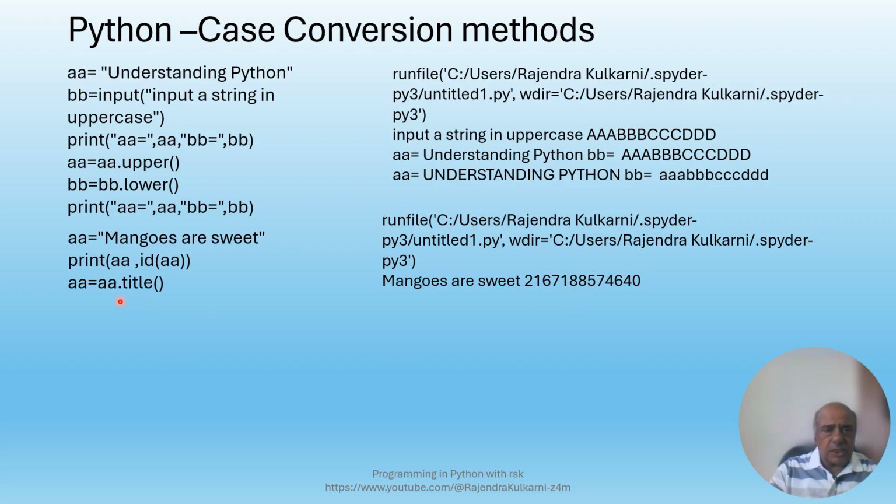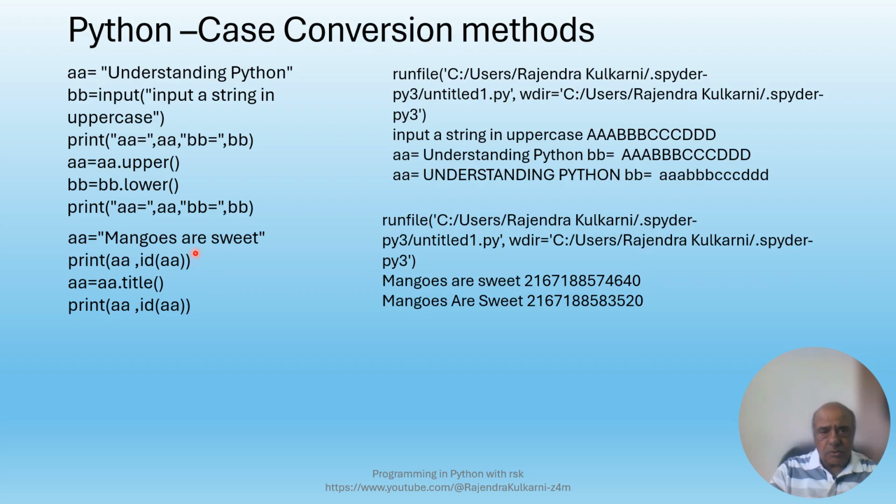Then we go for A is equal to A.title, and then again take a printout or display using the print statement. We can see here M, A and S are all converted to uppercase. All other characters or letters in the string are in lowercase, and the ID of the object is ending with 4640.